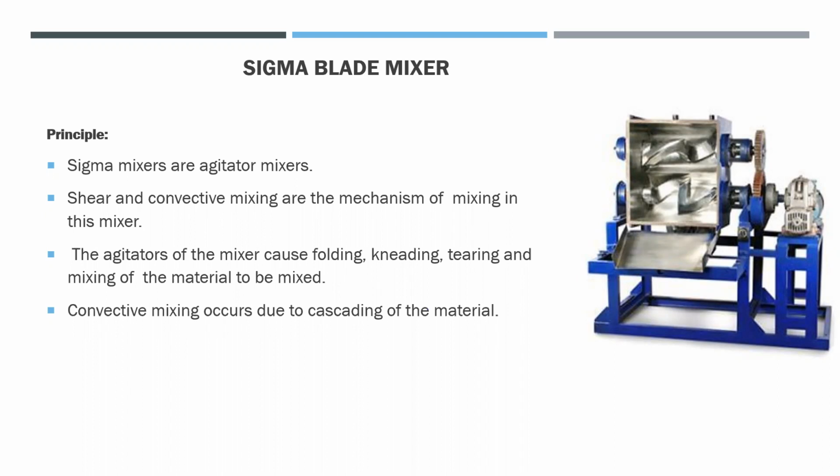The agitator of the mixer causes folding. So the agitators, that is the blades, are used for the mixing of the material. This agitator causes folding of the material, kneading of the material, and tearing and mixing of the material to be mixed.